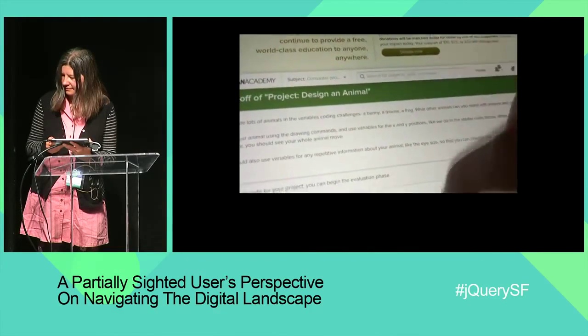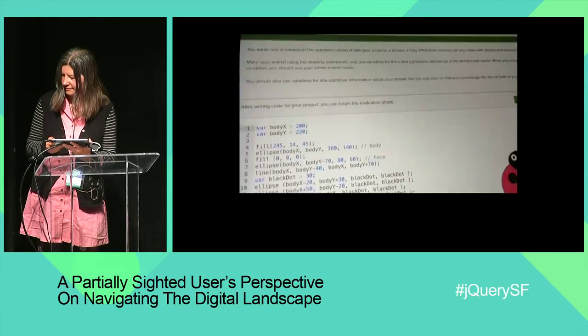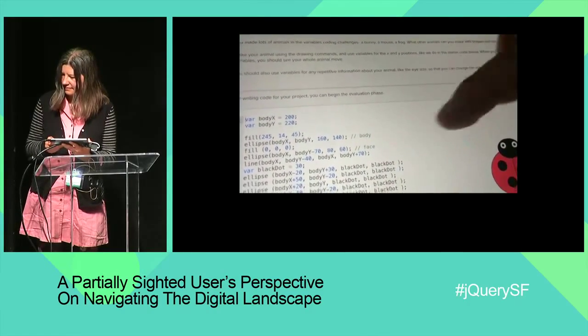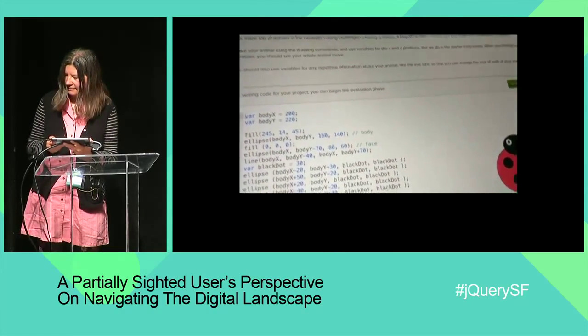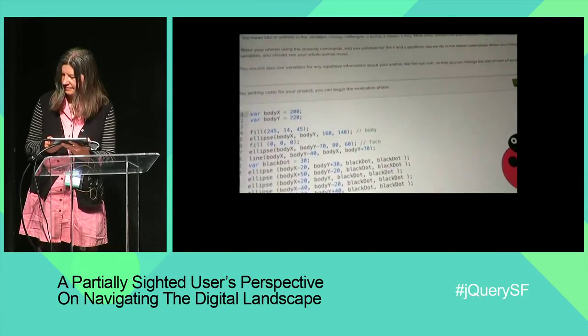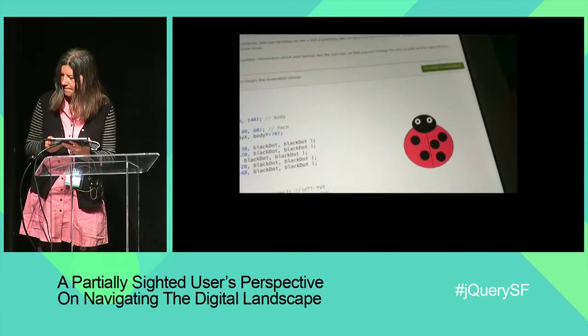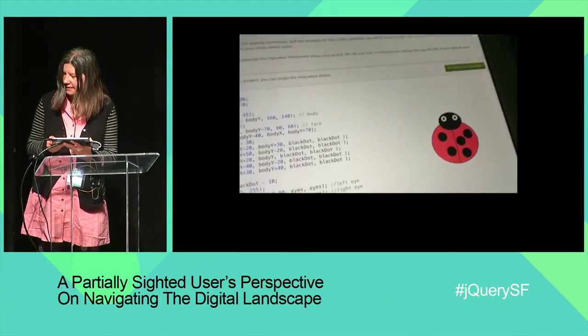And underneath instructions, we have the code, and it's really helpful that actually the code is written in different colors, so the variables and values, for example, are written in blue, which is helpful. And on the right side is the outcome of my program.